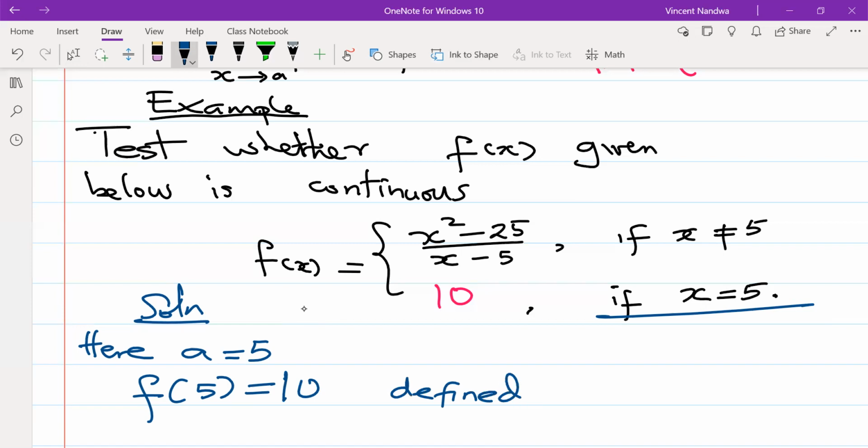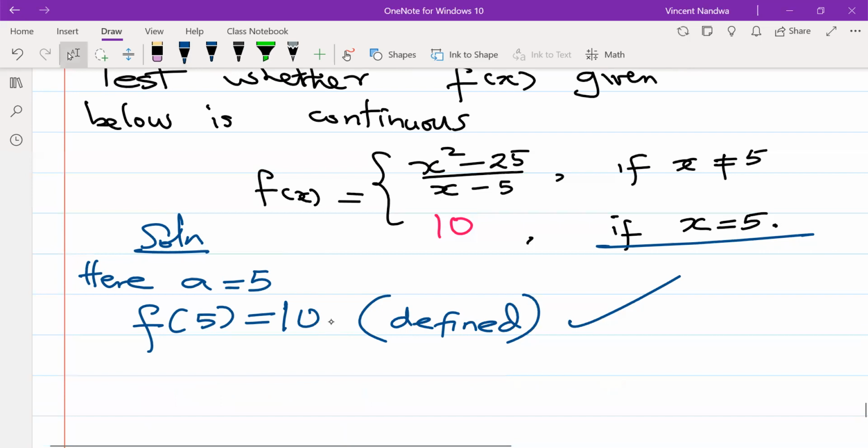So the first condition in the definition of continuity is already holding: the value of the function at the point of reference exists, and the value is 10. Next is to find the limit.